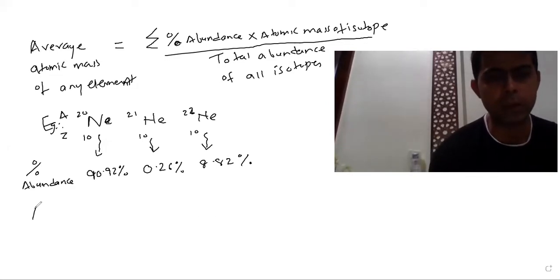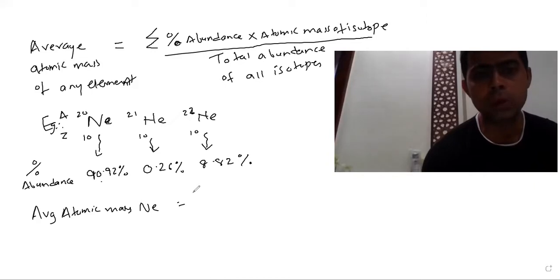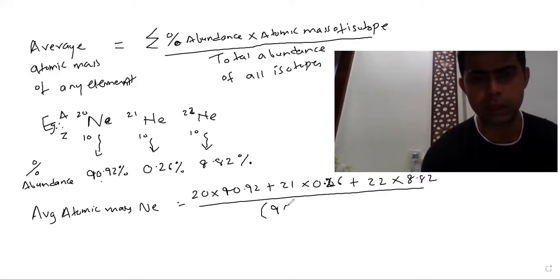So if I want to find out the average atomic mass of neon, then there are three isotopes, 20, 21, 22. 20 का occurrence कितना है? 90.92. So 20 into 90.92 plus 21 into 0.26 plus 22 into 8.82% divided by total percentage, that is 90.92 plus 0.26 plus 8.82.